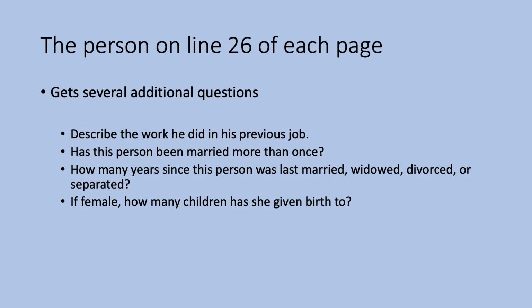Has this person been married more than once? How many years has it been since this person was last married or widowed or divorced or separated? And if female, how many children has she given birth to? All questions that might be of interest to people doing family history.